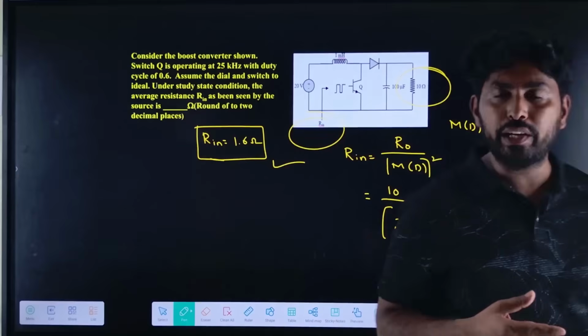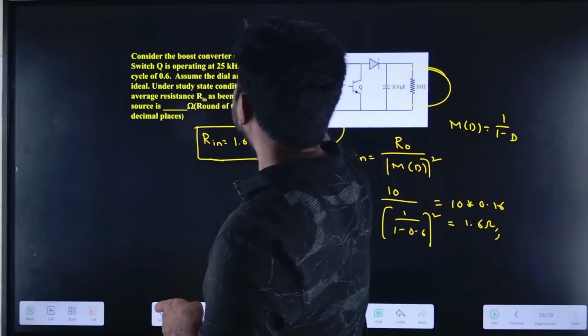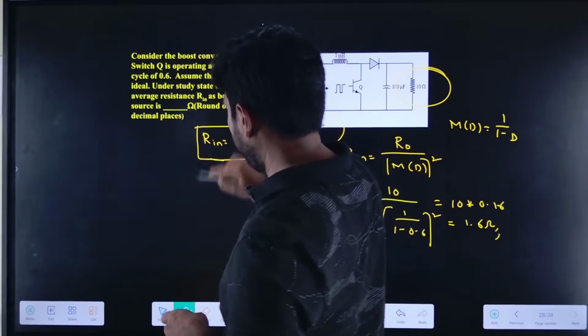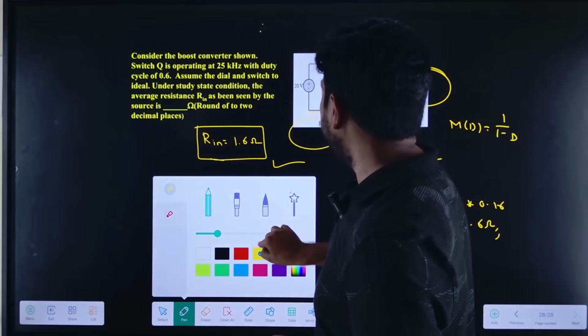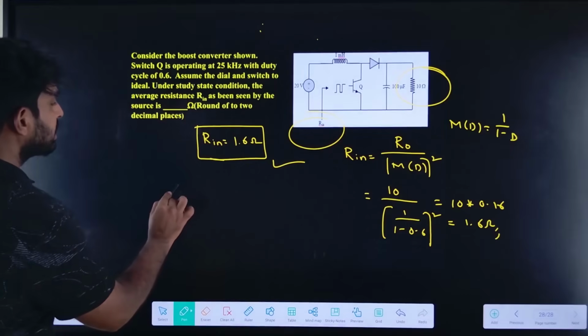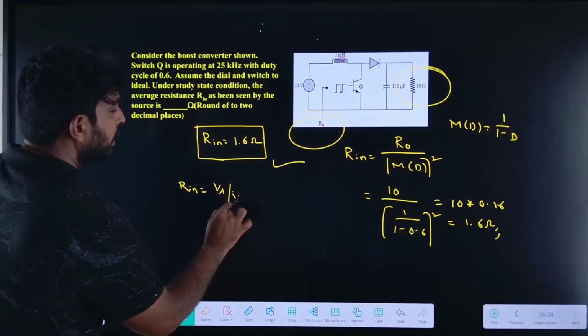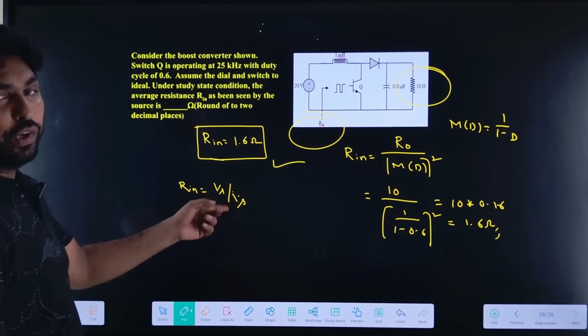Otherwise, you can do it by yourself also, by the conventional method. How can we do this? Here the input resistance is Vs by Is. How can you find the Is?